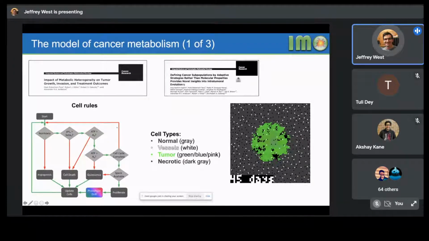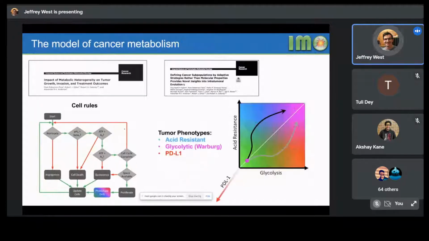And these all operate according to some cellular rules in the model, which I'm going to gloss over and refer you to the paper. Okay, but each of those tumor cells has 3 different phenotype axes. We can evolve acid resistance, which is just resistance to acidic conditions, or we can evolve increased glycolysis, which means that we can divide faster.